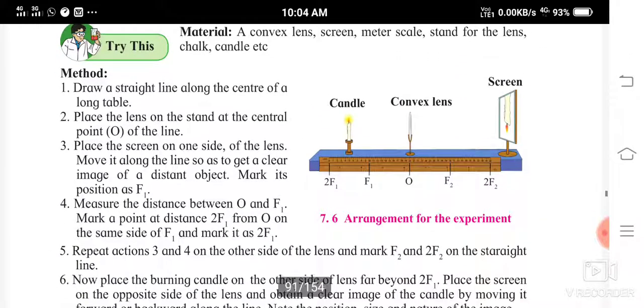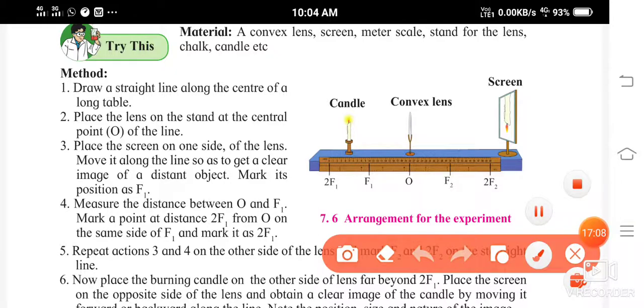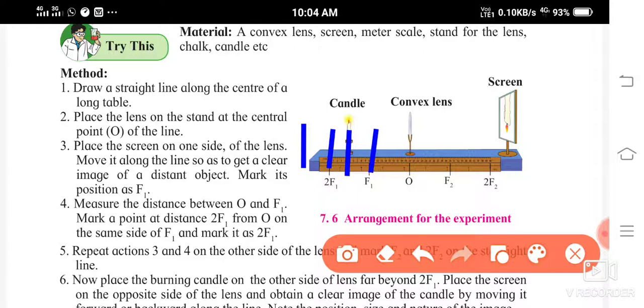So here you can see, I'll show it to you. First of all you're going to keep the object beyond 2F1. Then you will place the object at 2F1, then between 2F1 and F1, then at F1, then between F1 and O. Keeping the object at every position, you're going to record the observation, that is, at what distance you have obtained a clear image on the screen.